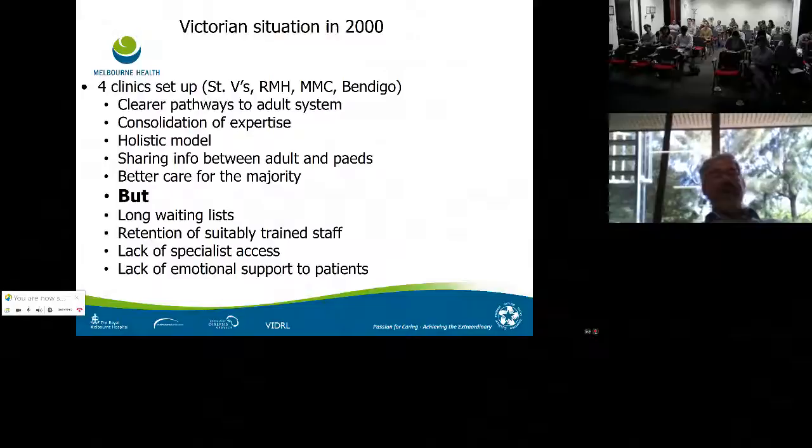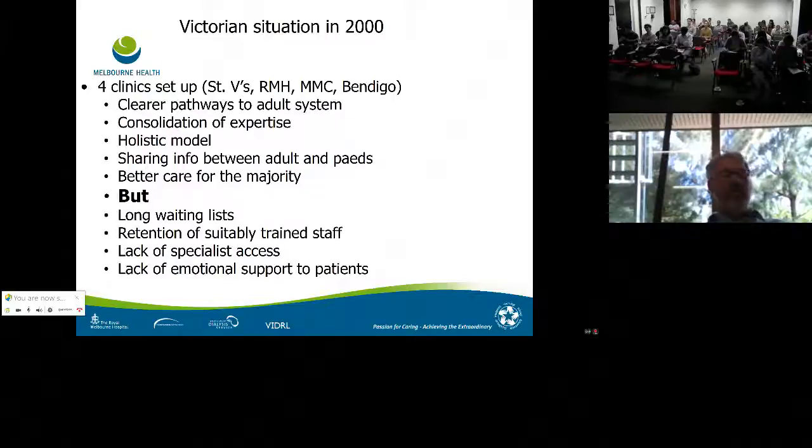And that certainly has led to better care for the majority of patients coming through. But unfortunately, the difficulty has been that we've also almost been too well done for, and so there are now significant waiting lists.